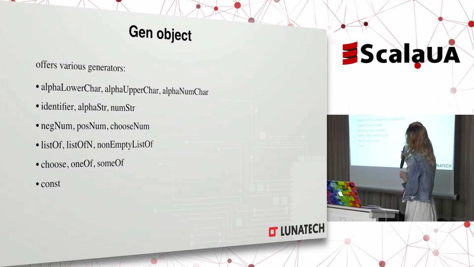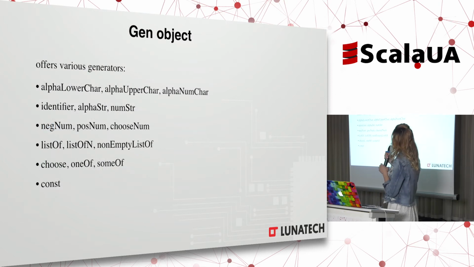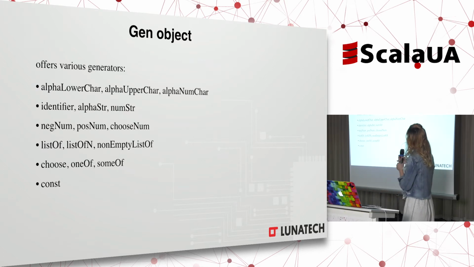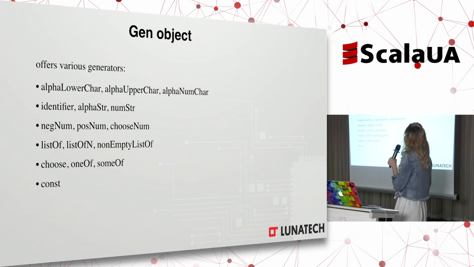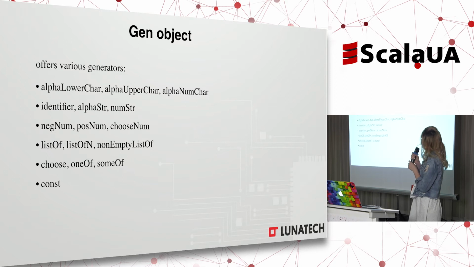So here we can see more stuff that you can get from the Gen object. It generates strings, numbers, lists of elements, and it can generate a list of every custom element as well if you provide the generator for this type. Also, you can specify that you want specifically a non-empty list, or a list of one element, or whatever you want. It's quite straightforward.